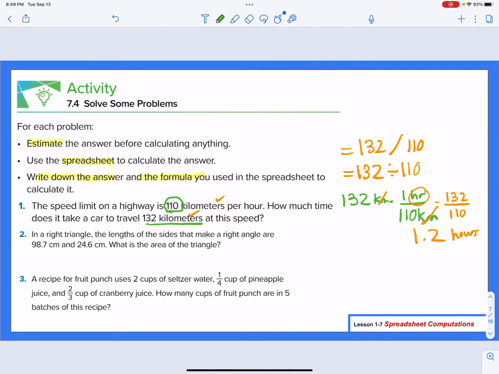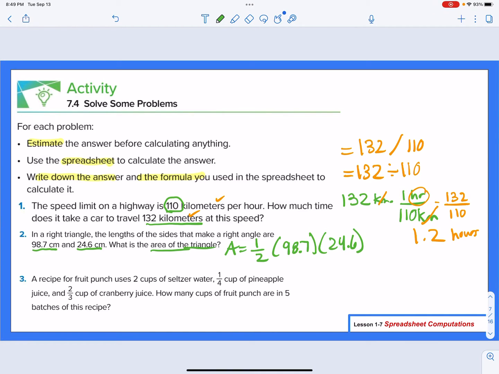In a right triangle, the lengths of the sides that make a right angle are 98.7 centimeters and 24.6 centimeters. What is the area of the triangle? Well, our formula would tell us that the area is going to be equal to 1/2 of the base, doesn't matter which one you use, times the height, 24.6.